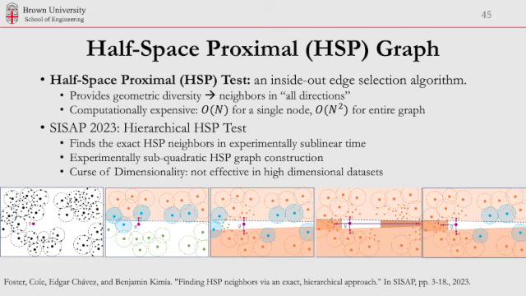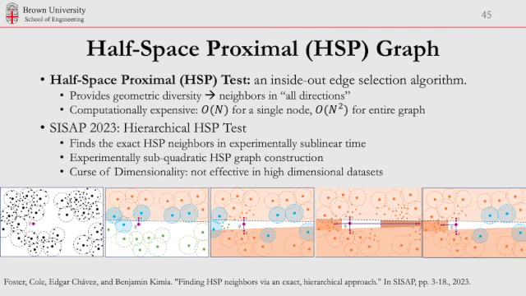The issue is that it is computationally expensive. It has linear complexity for just a single node, so quadratic complexity for the whole graph. And so two years ago, we introduced the hierarchical HSP test, which allowed for finding the exact half-space proximal neighbors in sublinear time, and then a subquadratic graph construction complexity.